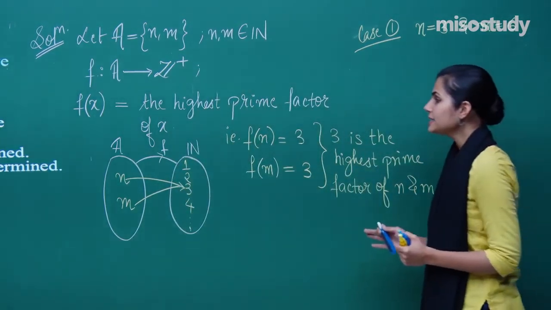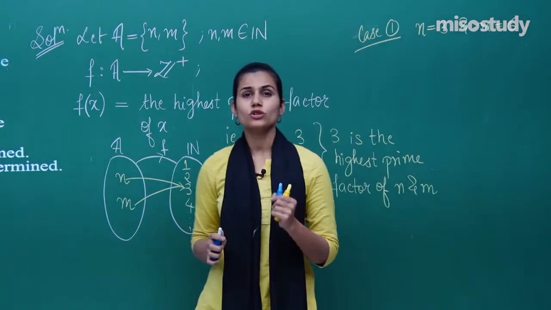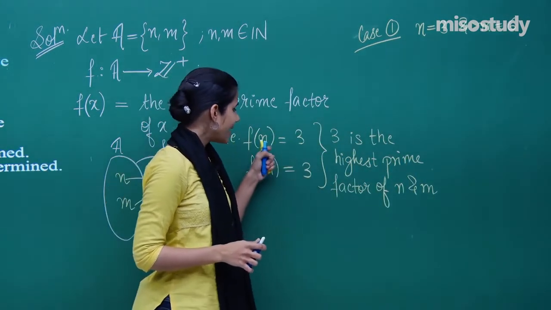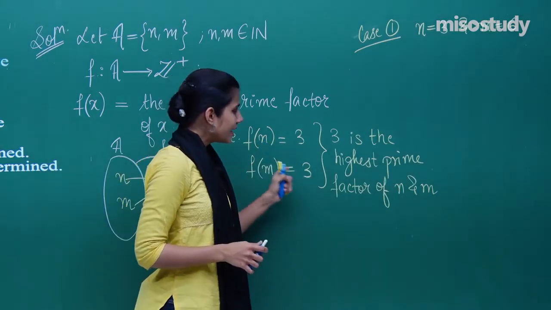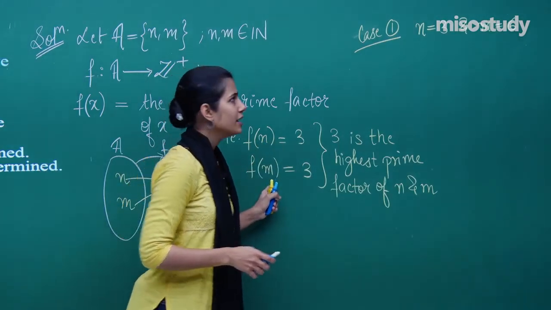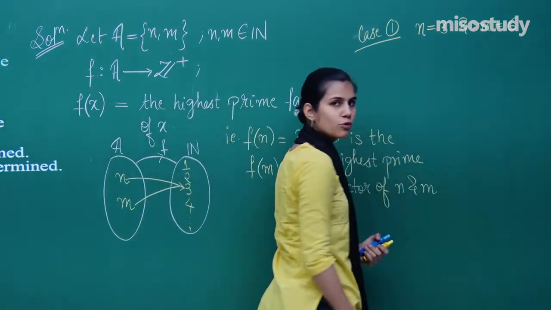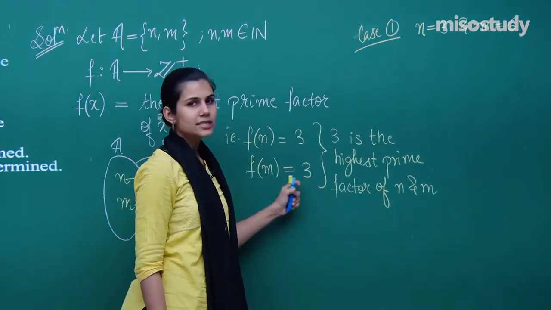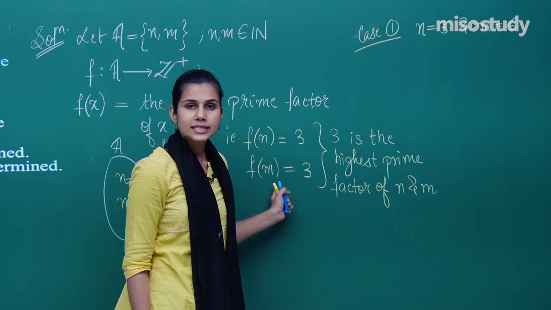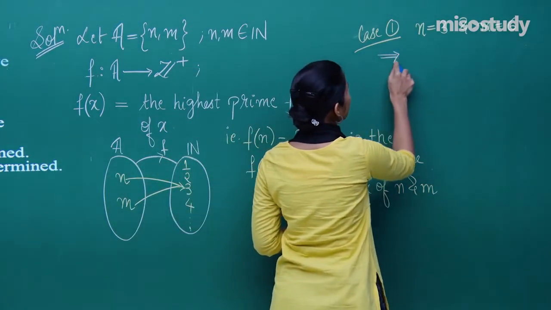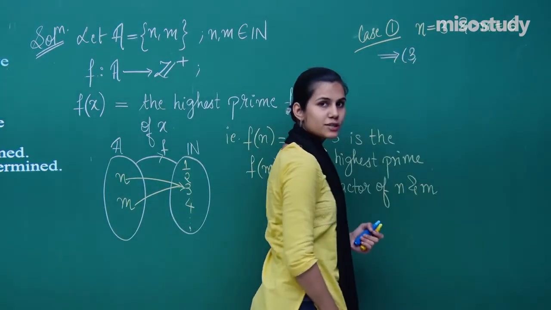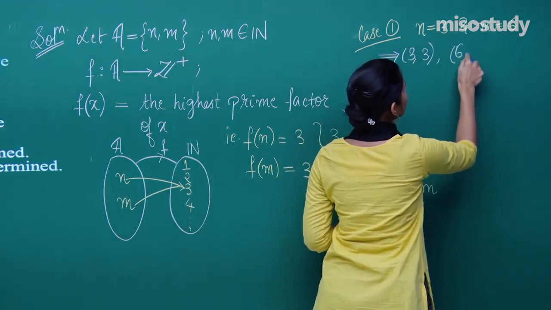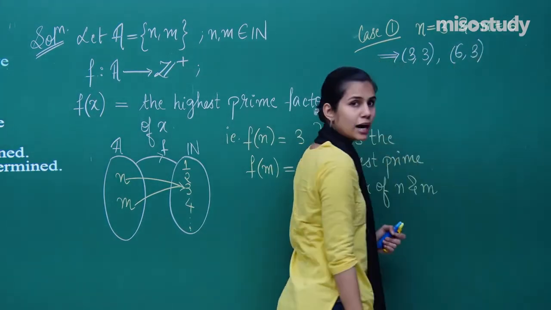So could you find out what are those possible values of n and m for which 3 is the highest prime factor of n also and highest prime factor of m also? Well, if I take n equals 3 and m equals 6, then definitely 3 is the highest prime factor of 3 and 3 is the highest prime factor of 6, which implies in this case 3 in place of n and 3 which is the output, and 6 in place of m and 3 which is the output.